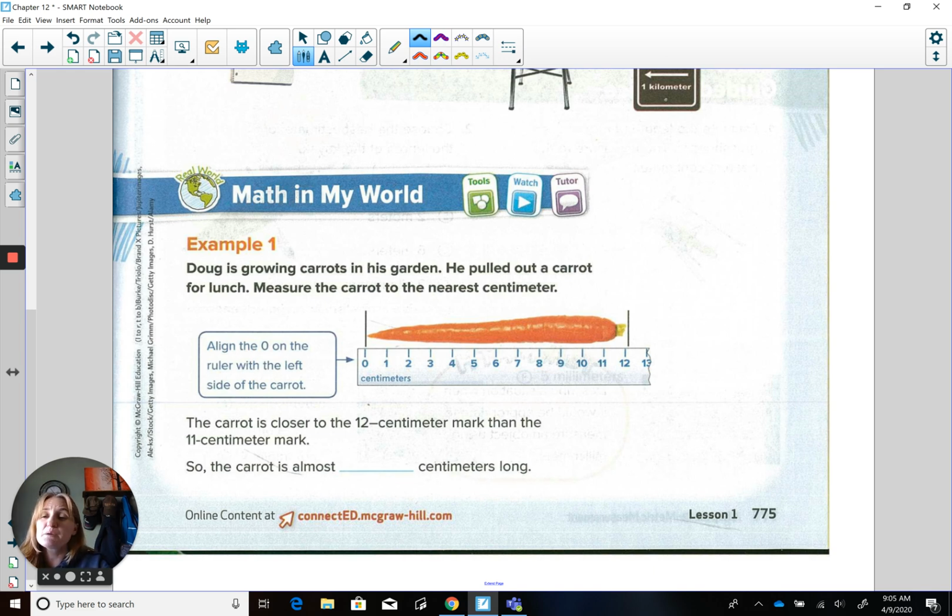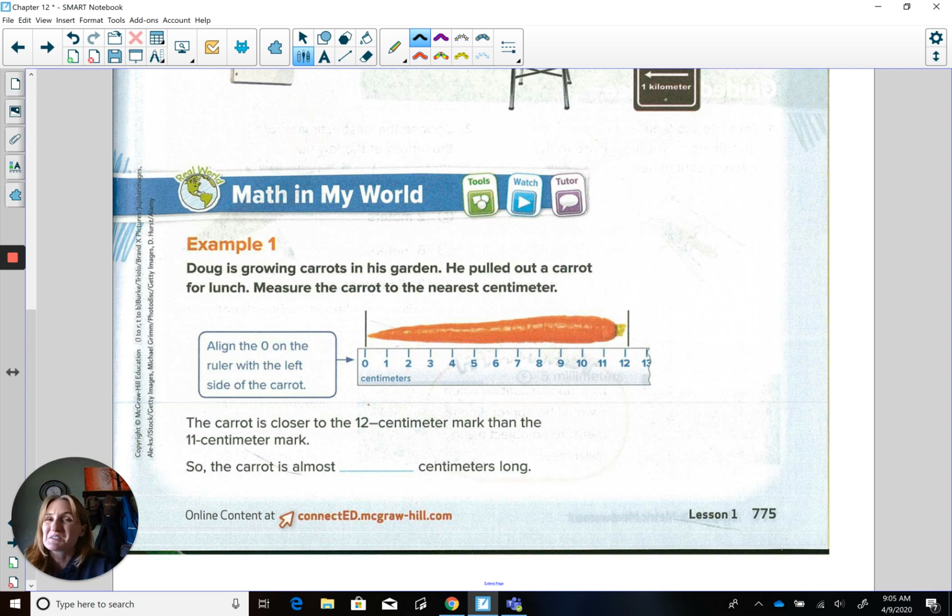My work. Example number 1. Doug is growing carrots in his garden. He pulled out a carrot for lunch. Measure the carrot to the nearest centimeter. So just like we did when we did inches, you are going to line up the end of your object right here to 0, where the measurements start. And you really look at the ruler that you are using. Some start 0 at the end of the ruler, and some might not.